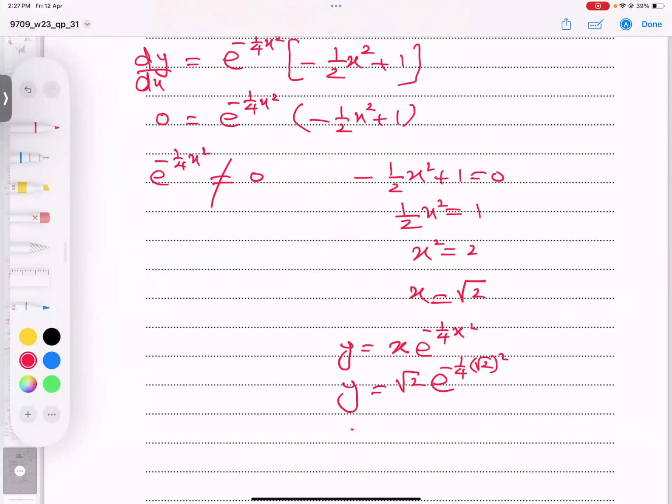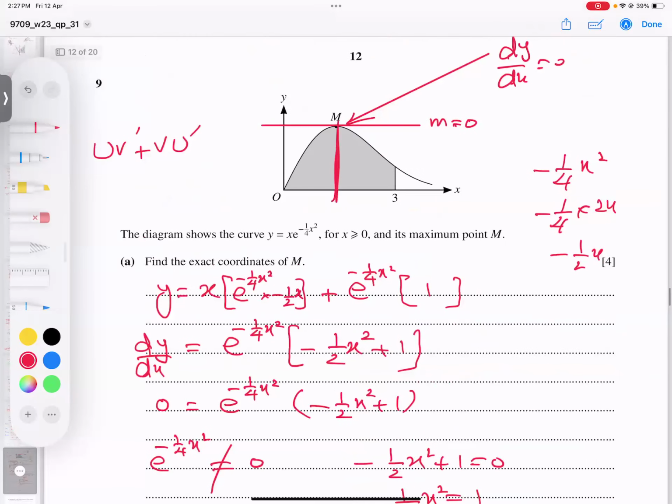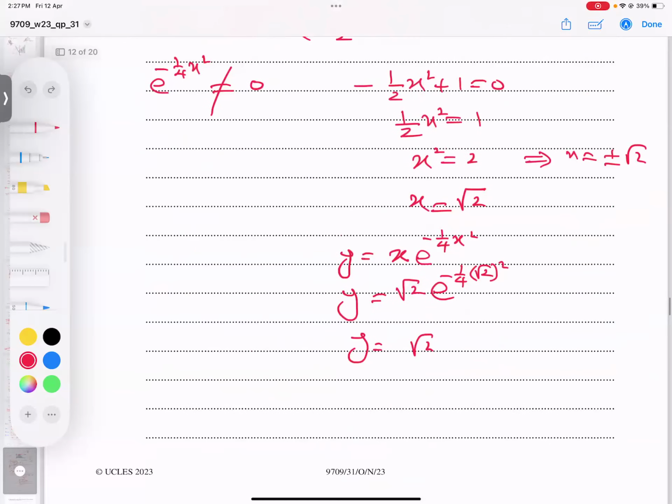This will give you root 2. Here I actually have plus and minus, but I will take only positive because it is the right side, that is why. I left that step because I assume you have the idea. Anyway, this cancels out and I get 2, and half, a negative half.